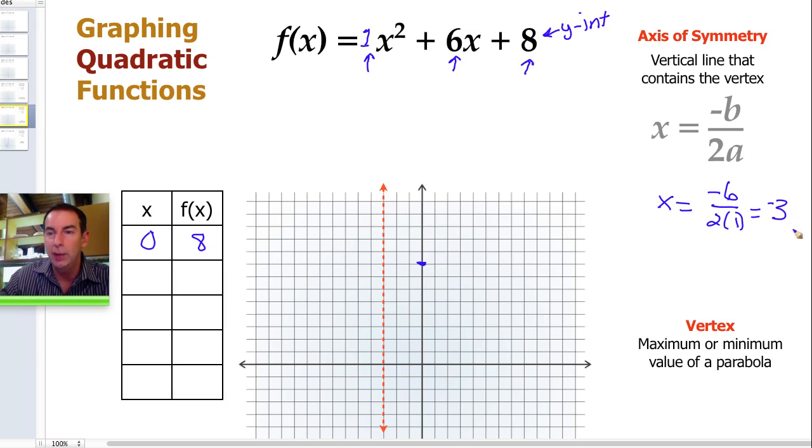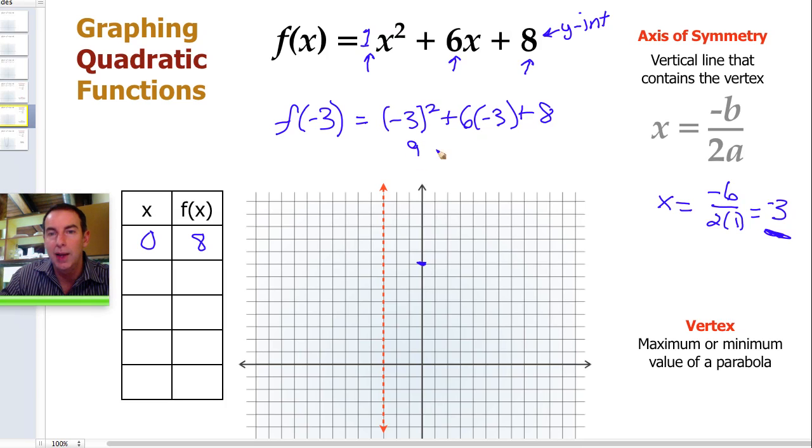I plug in my x value of my axis of symmetry into my function. So I'm going to find f of negative 3, right? Because this negative 3, I can plug right in here. It's got to be on this line. The x value has to be negative 3. So I'm going to go ahead and plug that in. So I have negative 3 squared plus 6 times negative 3 plus 8.